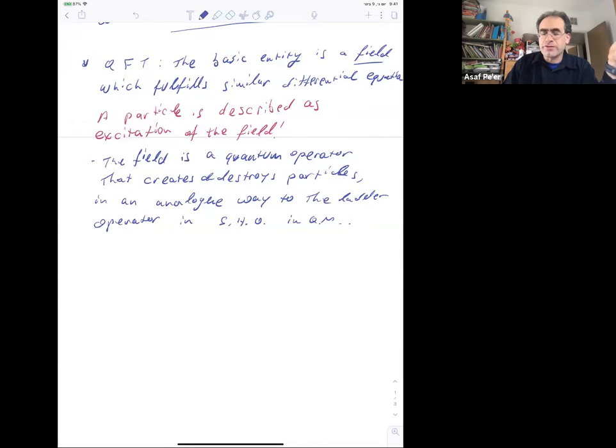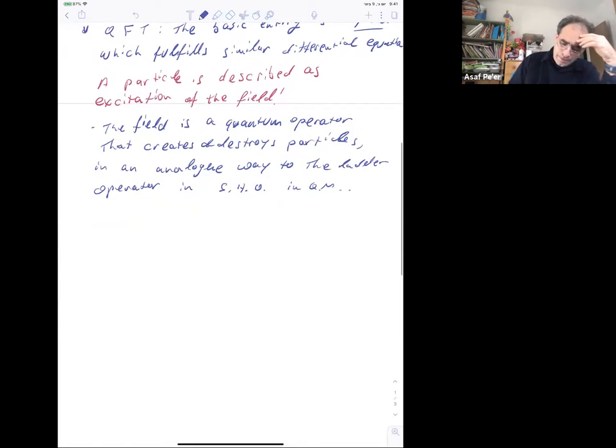The visualization is of course a Feynman diagram. A vertex in the Feynman diagram is exactly the location where you have one field going down and one excited, so one particle is created and one is destroyed.